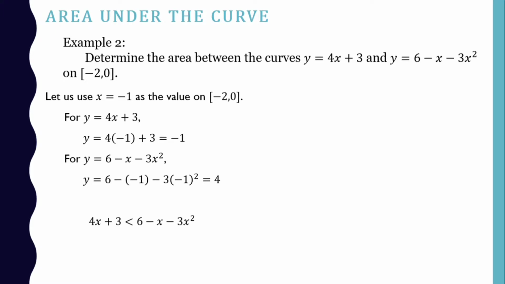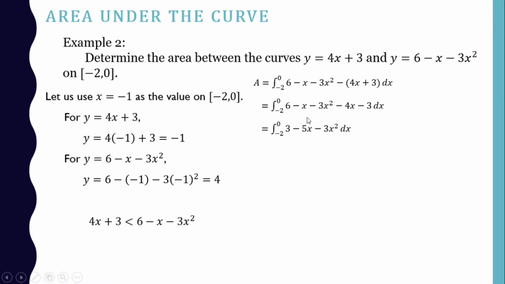So get the area. A is equal to the upper function, that's the integral of 6 minus x minus 3x squared, minus the lower function, which is 4x plus 3, dx, from -2 to 0. Simplify, that will give you the integral of 6 minus x minus 3x squared minus 4x minus 3 dx, from -2 to 0.